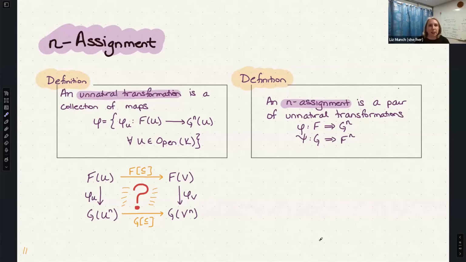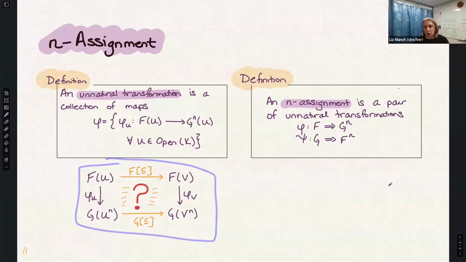Sorry, let me back up. An unnatural transformation is a collection of maps where, if I had an additional commutativity assumption, if I had a pile of maps for which this square always commuted, then I could promise you that it was a natural transformation.